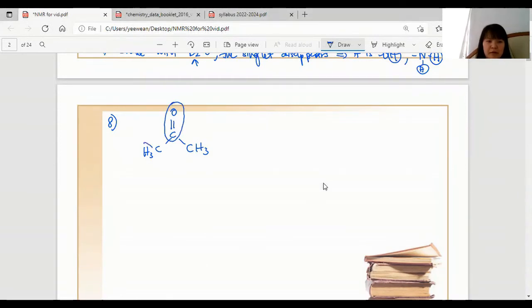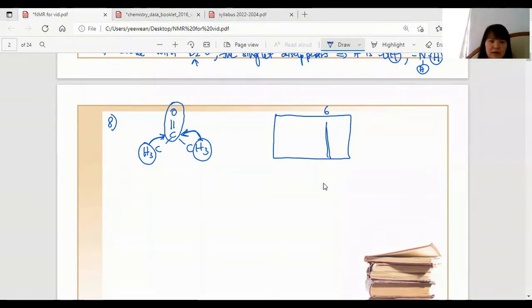These three occupants have no neighbors, and these three occupants also have no neighbors. They are the same distance from the playground, so they have the same environment. In that case, you're only going to get a singlet for all 6 protons. So this is when they're symmetrical.